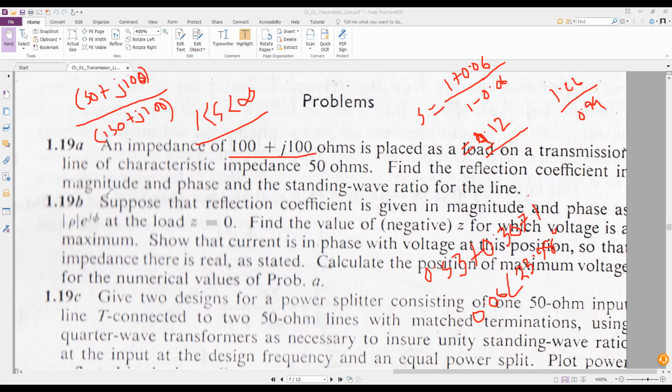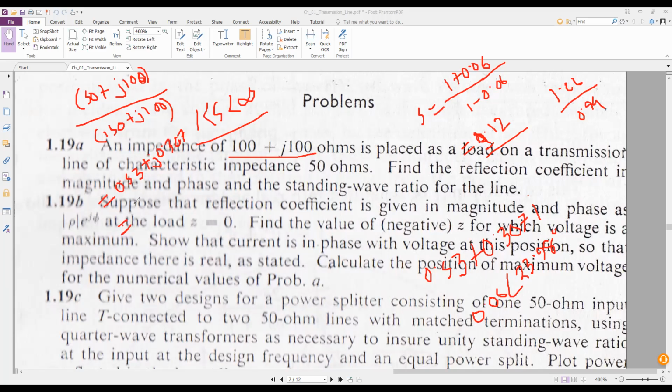Then check, it becomes 0.53 plus j of 0.307, or 0.308, whatever. Then convert it to polar.